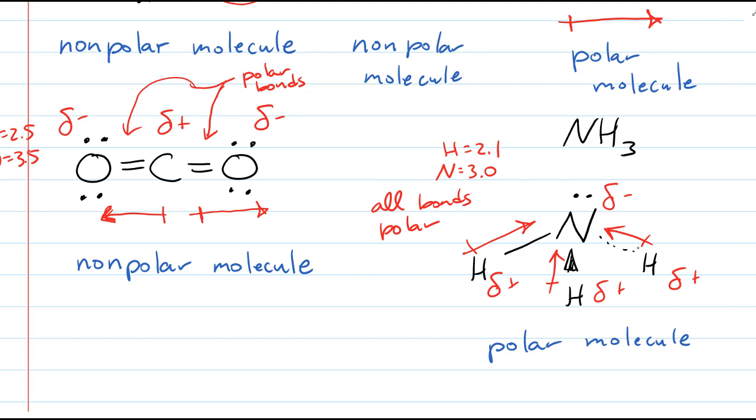They're going to wind up pointing in a net direction that is upward. Now they're all going to cancel out in this plane right here, in the XY plane, but they will not cancel out in the Z plane. So there is going to be a net upward direction in here, which tells us that the molecule itself is a polar molecule.